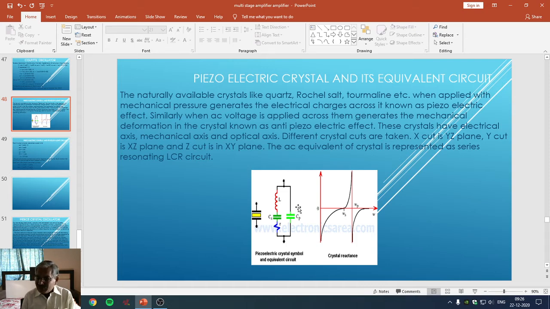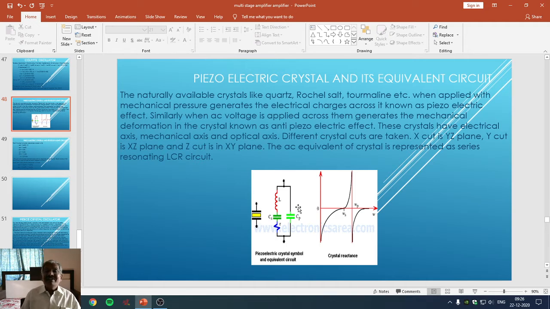So by using a magnetostriction oscillatory circuit, one can convert electrical oscillations into mechanical oscillations, especially ultrasonic waves. In short, the anti-piezoelectric effect is used to generate ultrasonic waves, whereas the piezoelectric effect is used in the Pierce crystal oscillator to generate electrical oscillations.